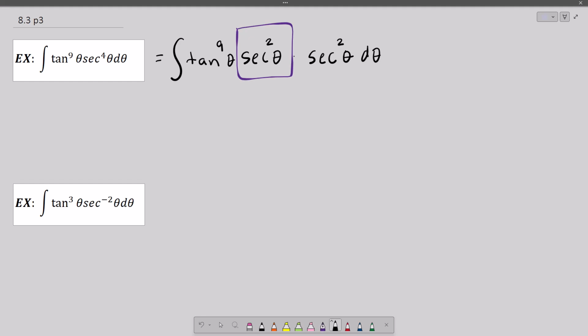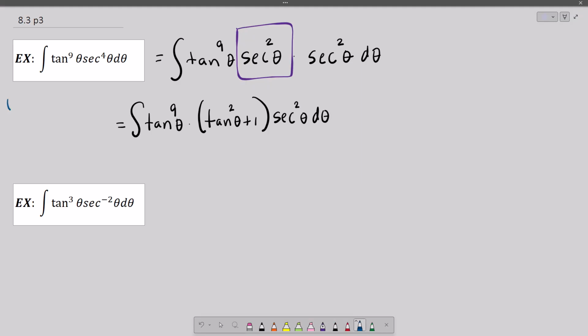So our conversion then, we have tangent to the 9th, secant squared. If we look at our identity, secant squared is tan squared plus 1. And then we have secant squared here. And now we are ready for substitution.